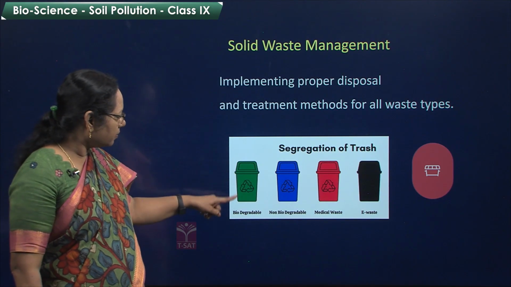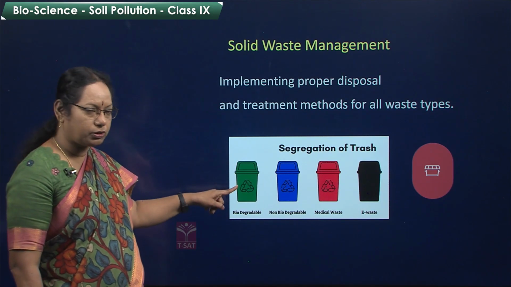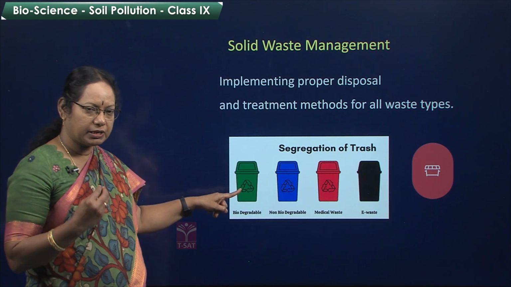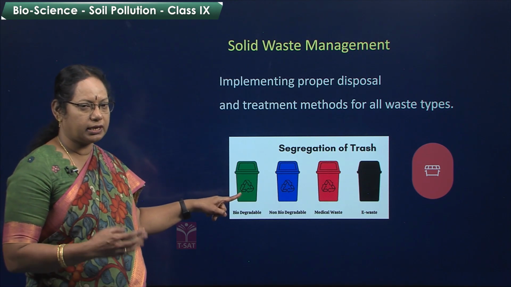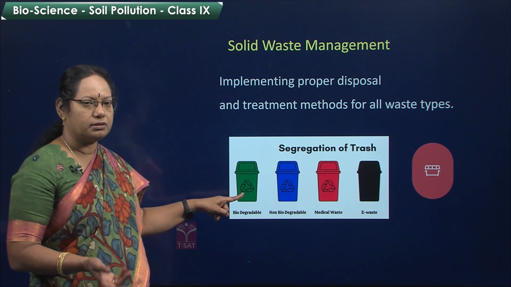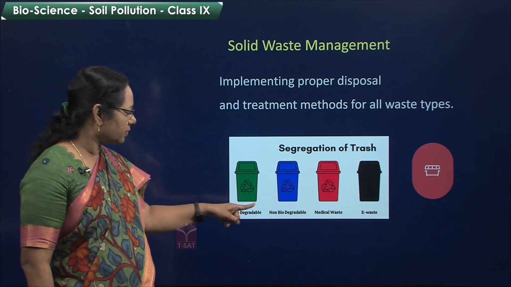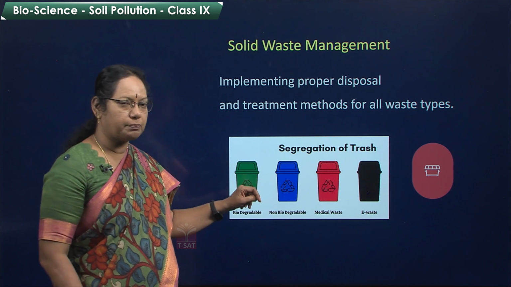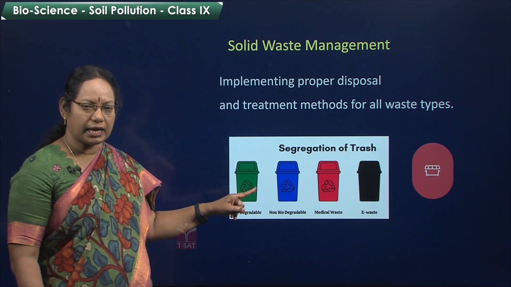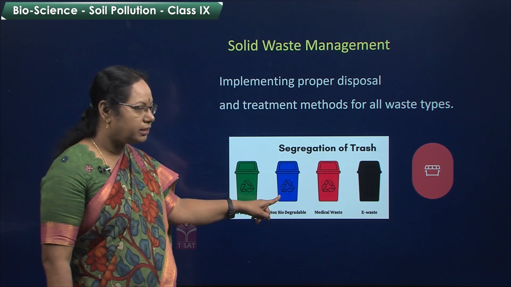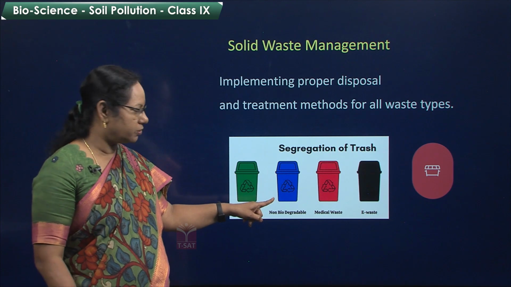In the biodegradable dustbin, if we put all the materials that can be decomposed, like vegetable peels, dried leaves and all, they can be formed into compost. And non-biodegradable waste like plastic and glass containers can be recycled and used as other products.